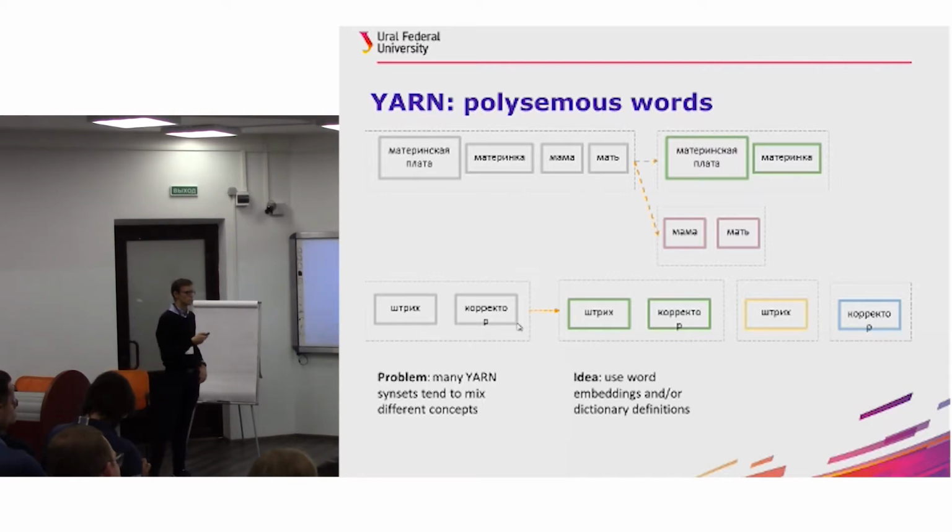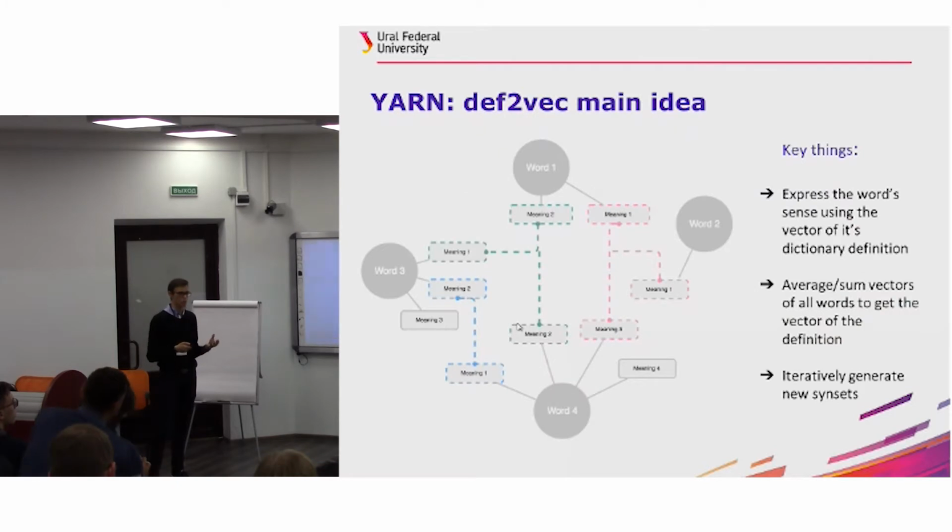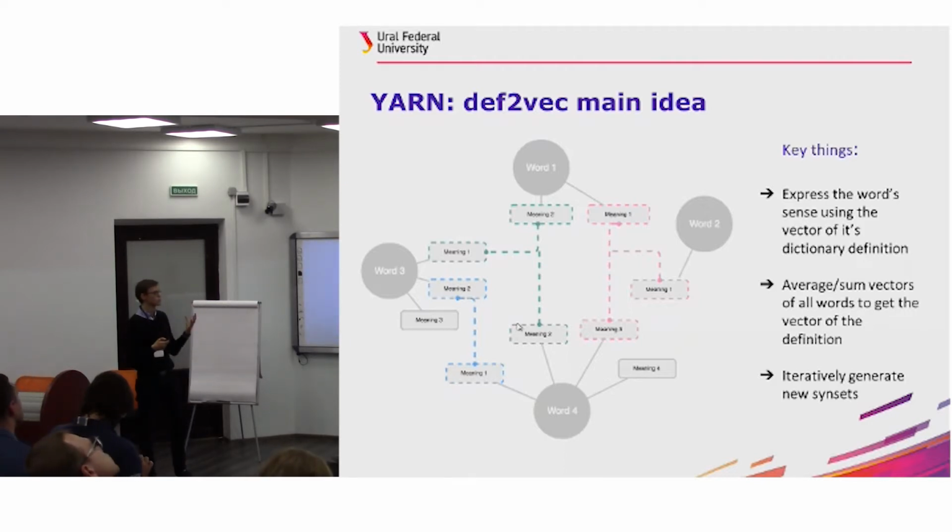This leads to the idea of using word embeddings to represent the meanings of words as vectors. Probably this will help us with the problem of splitting the noise. During the study, we designed two embedding models. The main property of the first model, which we call depth-to-vec, is that it expresses every meaning of the word using a vector for its dictionary definition.